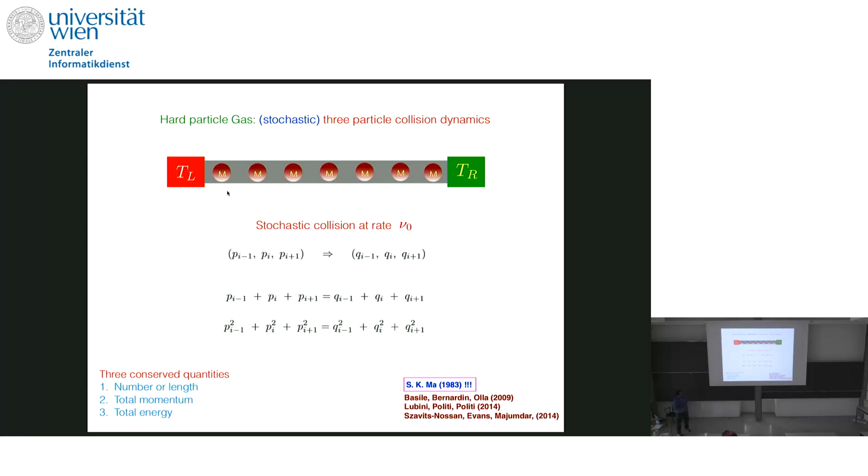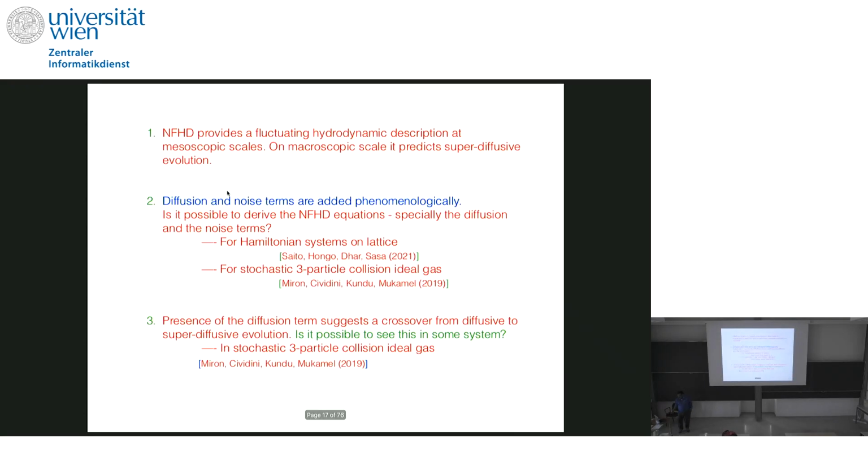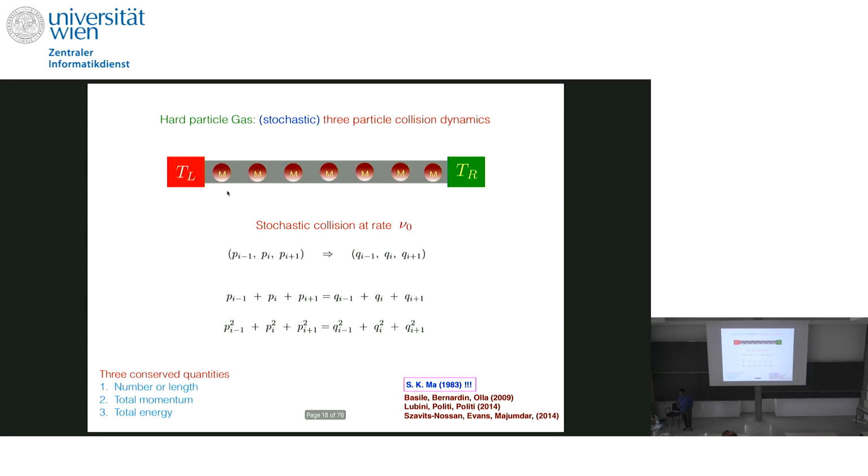Okay, so let me briefly describe this work on the three-particle collision model. You have this system of hardpoint particles moving in one dimension, undergoing three-particle collisions, which work as follows: you choose three consecutive particles and mix their momenta, so that a set of momenta goes to another set, in such a way that the total momentum before and after the collision remains the same.